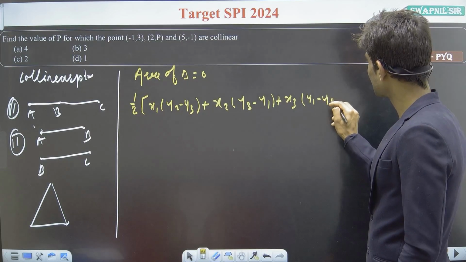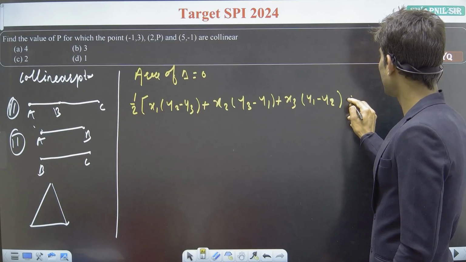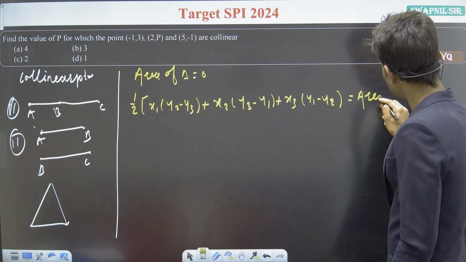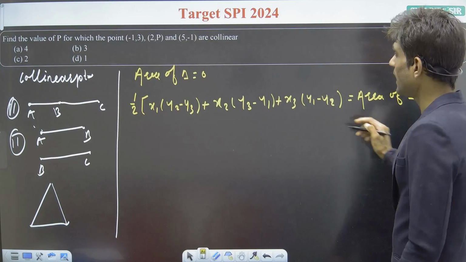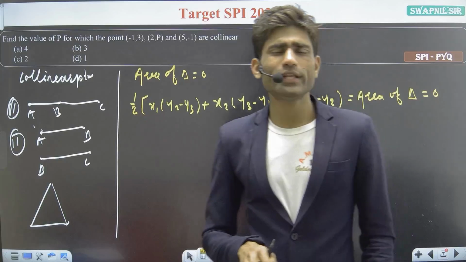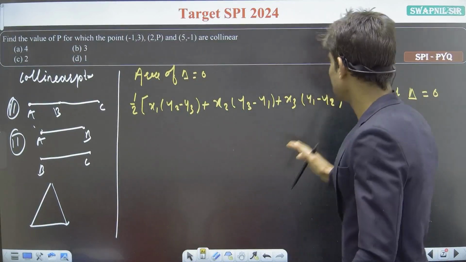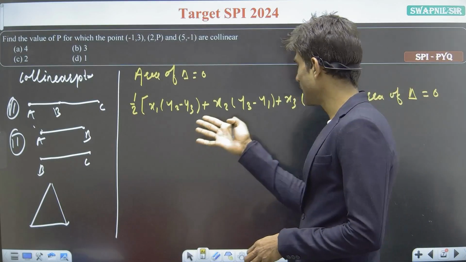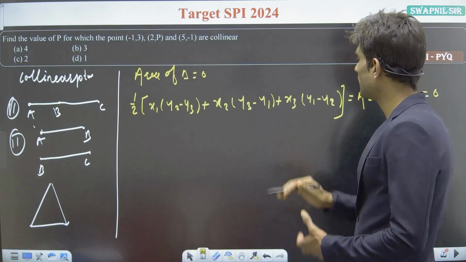This one is the area of a triangle. And we know that if the points are collinear, then the area of the triangle goes to 0. That means this expression goes to 0 here. So the area of the triangle is 0.